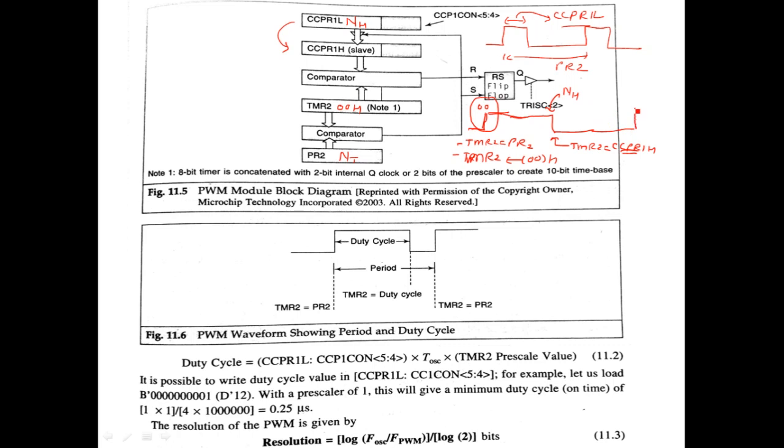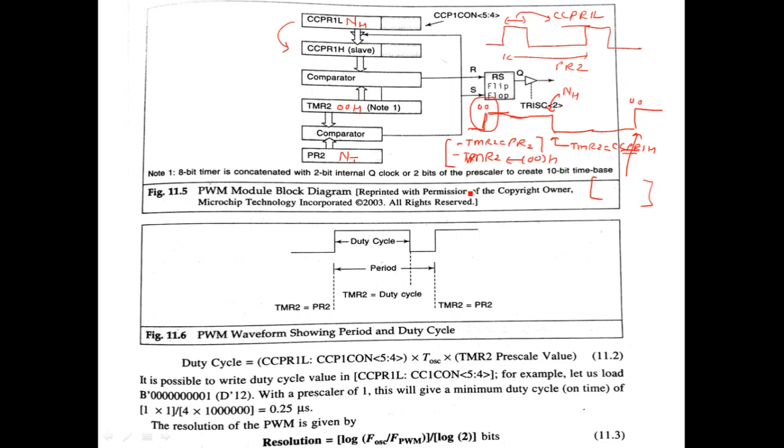It will go high, and the same thing will be done here at this instant. Again, when this matches with this, TMR2 will be reloaded with 00, and again the timer will restart from 00.